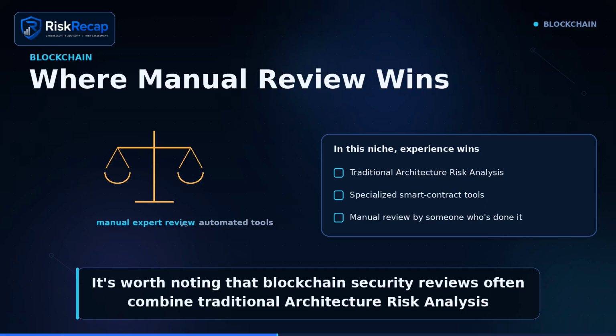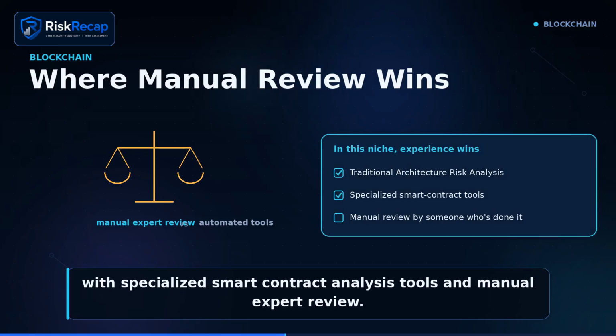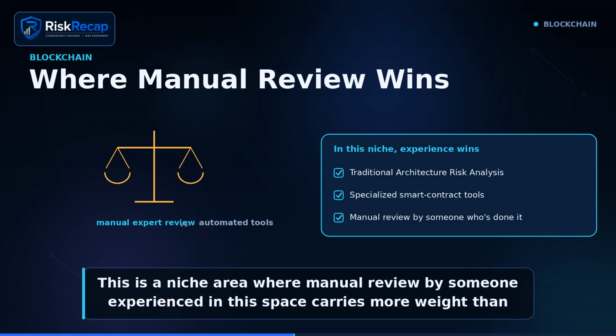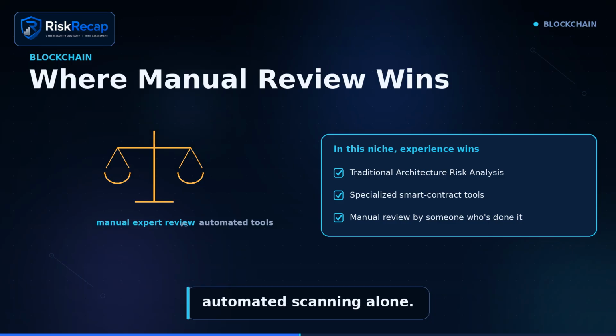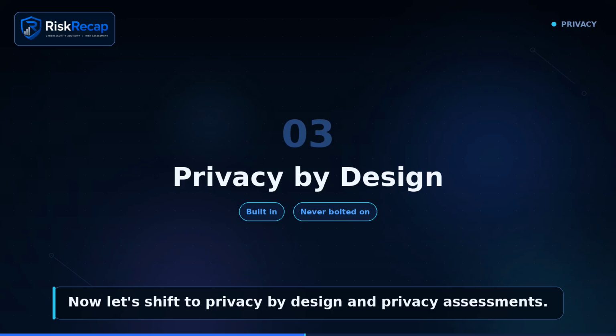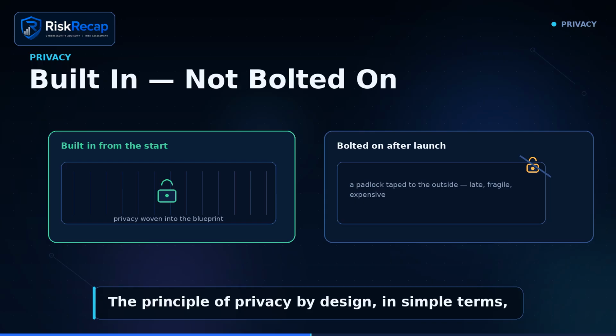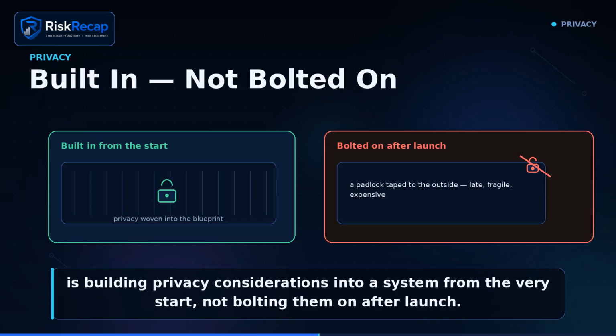It's worth noting that blockchain security reviews often combine traditional architecture risk analysis with specialized smart contract analysis tools and manual expert review. This is a niche area where manual review by someone experienced in this space carries more weight than automated scanning alone. Now let's shift to privacy by design and privacy assessments.